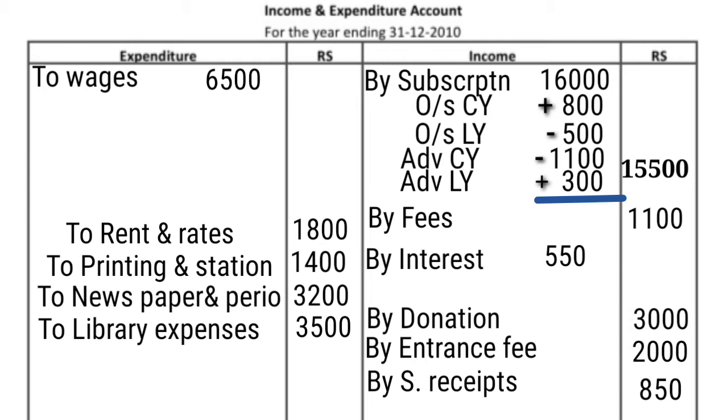Here both outstanding subscriptions are assets. We need to show them on the asset side of the balance sheet, right? But the current year outstanding we will show in the current year's balance sheet and the previous year or last year outstanding we will show in the last year balance sheet.